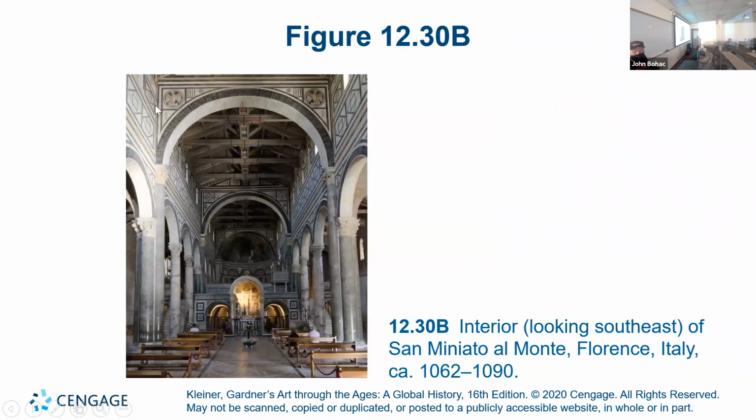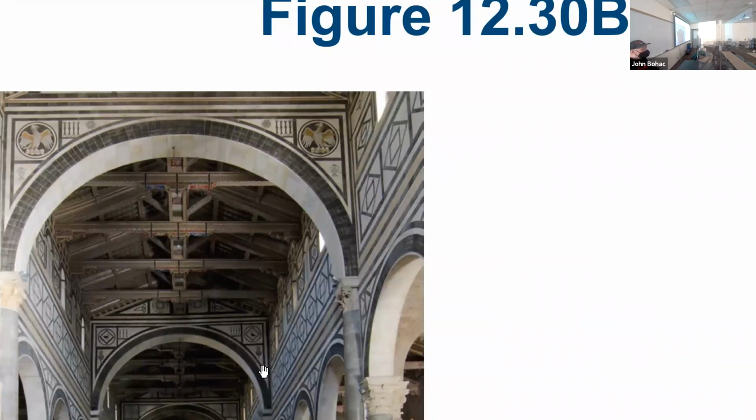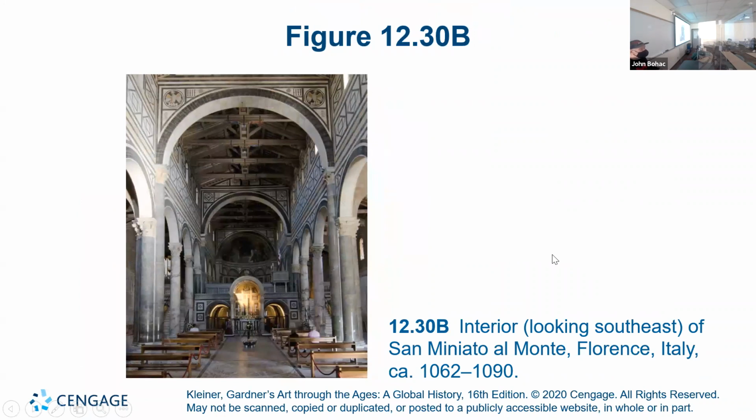And again, we start to see ornamentation, but this, instead of relief sculptures, look at that. That's geometry. And I might add, they were closer to the ancient texts from Greece and Rome.